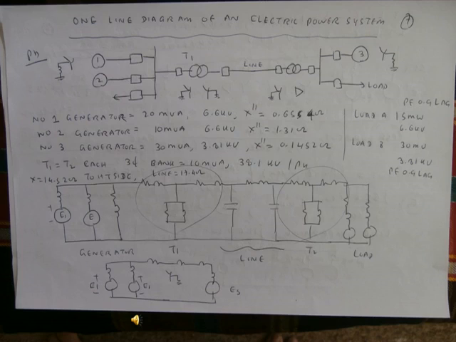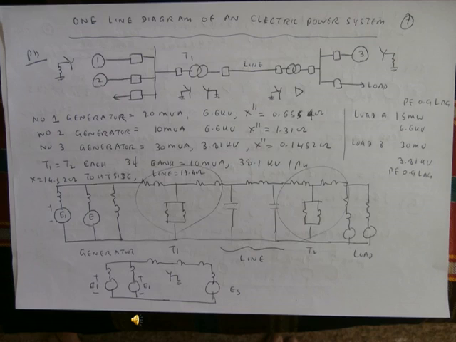Another transformer has the primary star connection connected to ground and the secondary in delta connection, and generator 3 is also star-point connected to ground and connected to the load. Generator number 1 is 20 MVA, 6.6 kilovolt, with a reactance of 0.6554 ohm. Generator number 2 is 10 MVA, 6.6 kilovolt, with a reactance of 1.31 ohm.